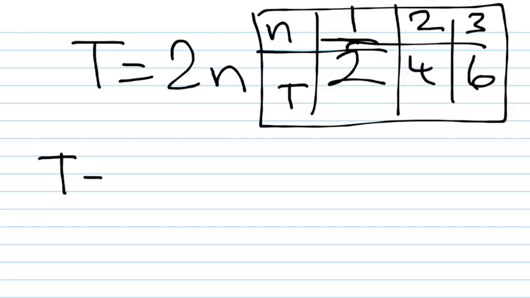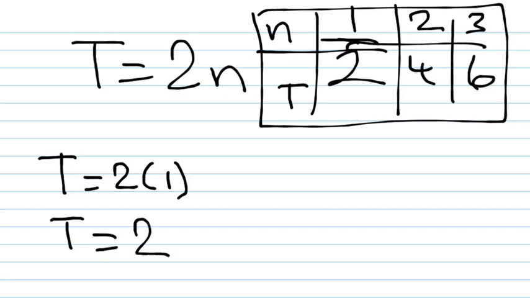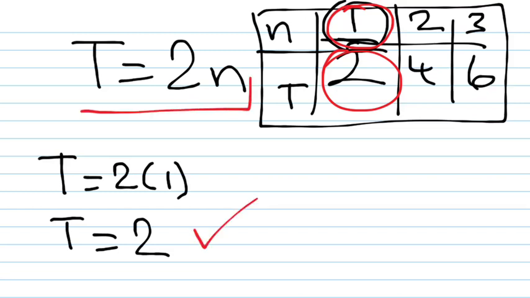Well, t equals 2 times 1. Remember, you never replace a letter without putting it in parentheses, which gives you t equals 2. If n was 1 in your pattern, was t 2? Yes. So that checks out, doesn't it? Which means that's my pattern. I'm done.